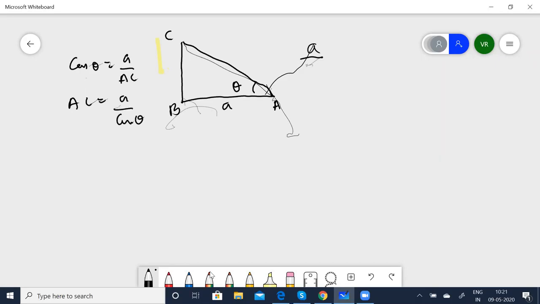Now the body travels along AC. The component of g acting along AC is g sin theta. Quickly, let us use the formula.